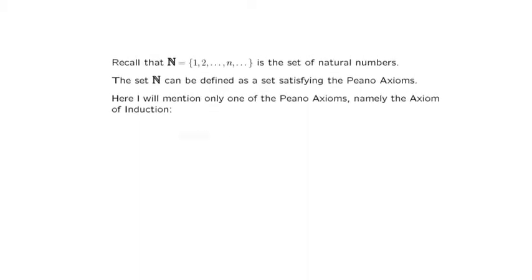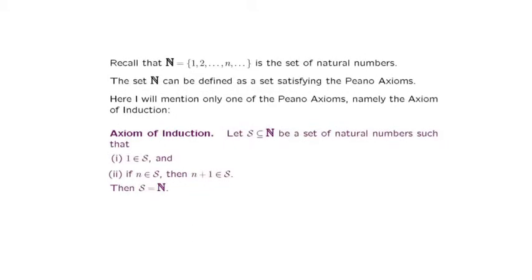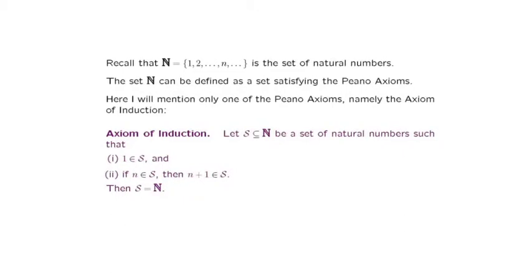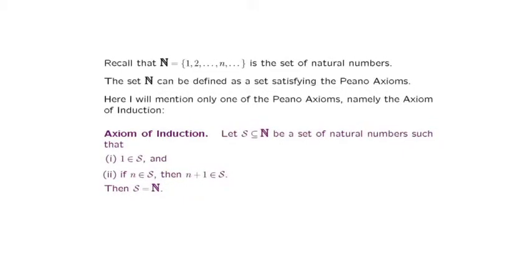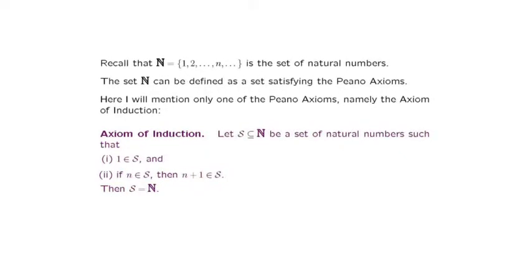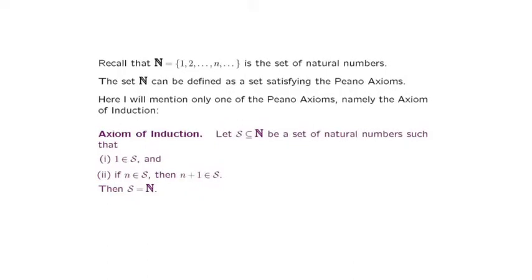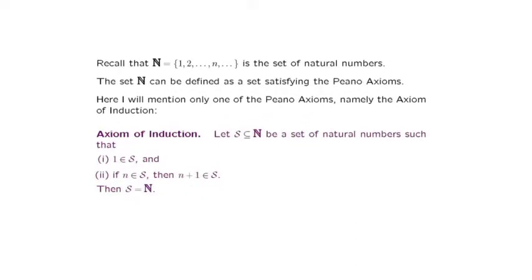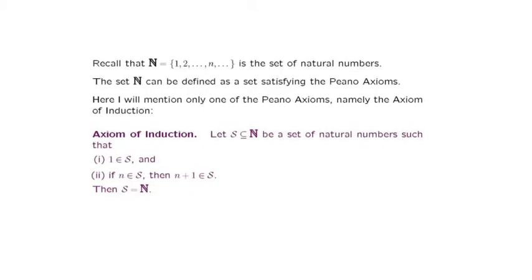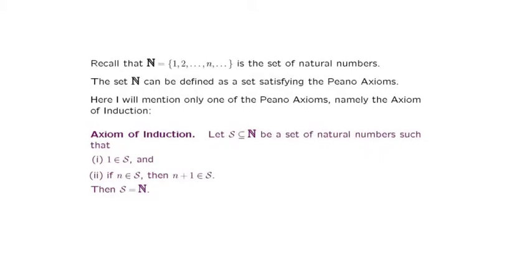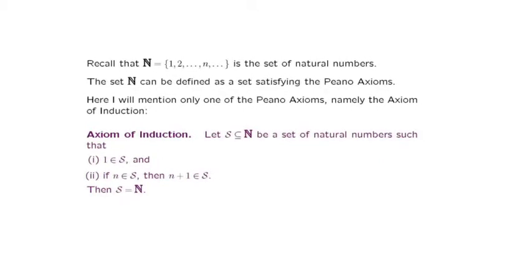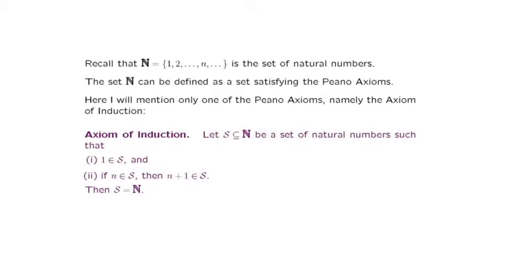The axiom of induction says, if S is a set of natural numbers such that 1 is in S, and whenever the number n is in S, the number n plus 1 is also in S, then the set S must be all of the set N of natural numbers.